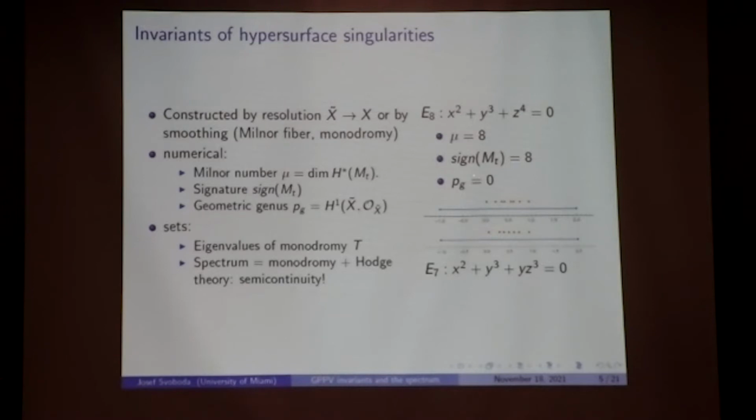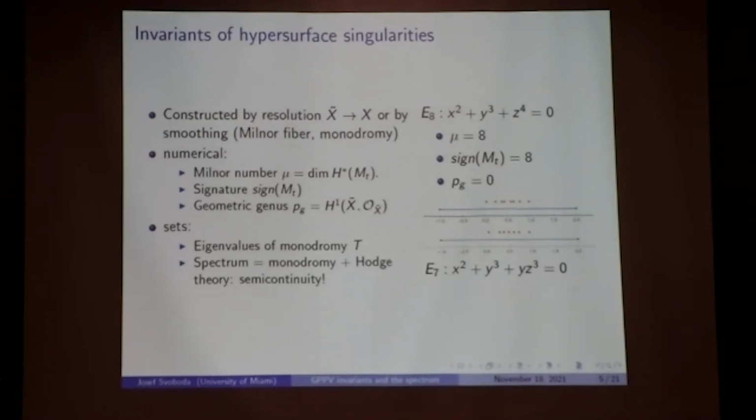So it's basically a refinement of the Milnor number. And the semi-continuity property says that if you take any interval of length 1, then there will be fewer points here than here. So it is not just that there are fewer of them overall, but in any interval there are fewer of them, or equal.